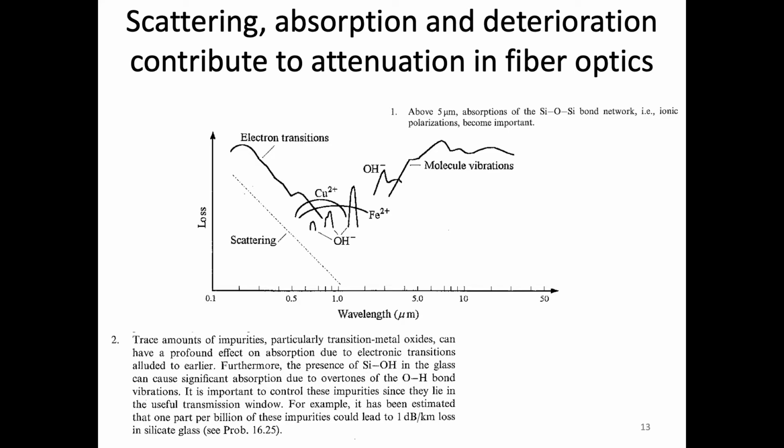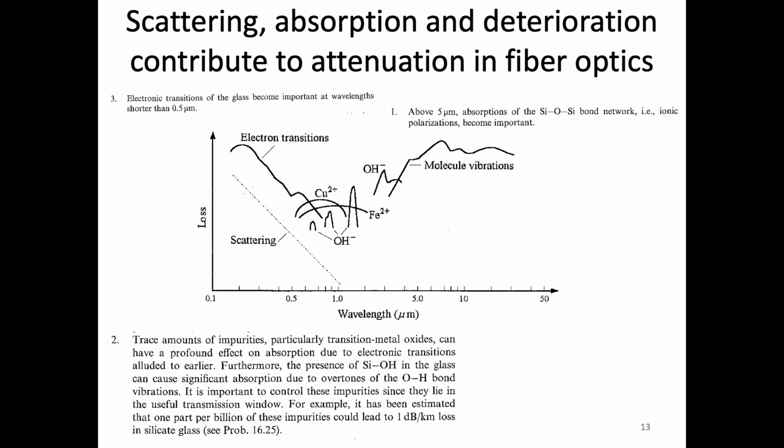So it's kind of estimated that 1 part per billion of these impurities leads to a 1 decibel per kilometer loss. And so we'll talk about how significant that is, but we're talking about 1 part per billion. So these things have to be really pure in order to get low loss or low attenuation.